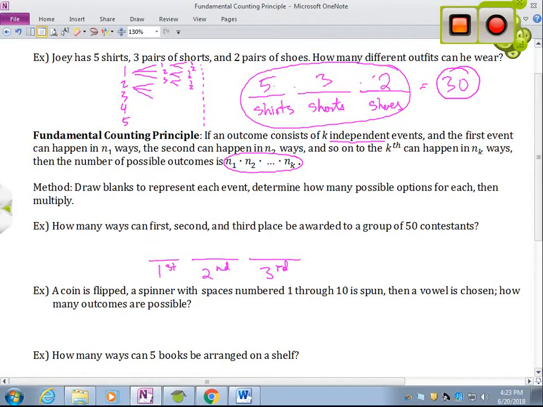It's not 3, all right? It's not the number of blanks that I drew, but it's how many different contestants could get first place. Assuming that there's no restrictions and this one got disqualified or something, there's 50 different options for the first event, okay? Which is first place. And then second place.